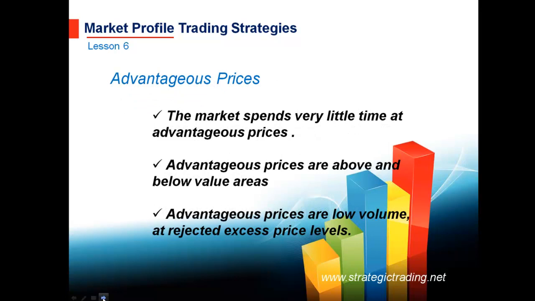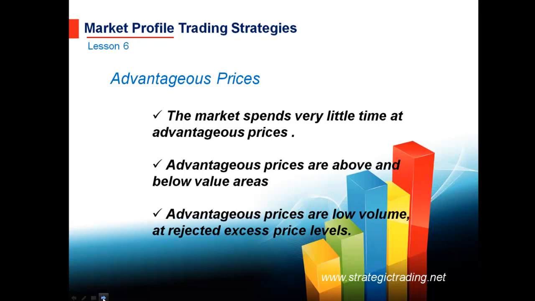So let's review the characteristics of an advantageous price or advantageous prices. These are prices where the market spends very little time. So when the market gets to these points, you will often see price move very rapidly in one direction or the other.